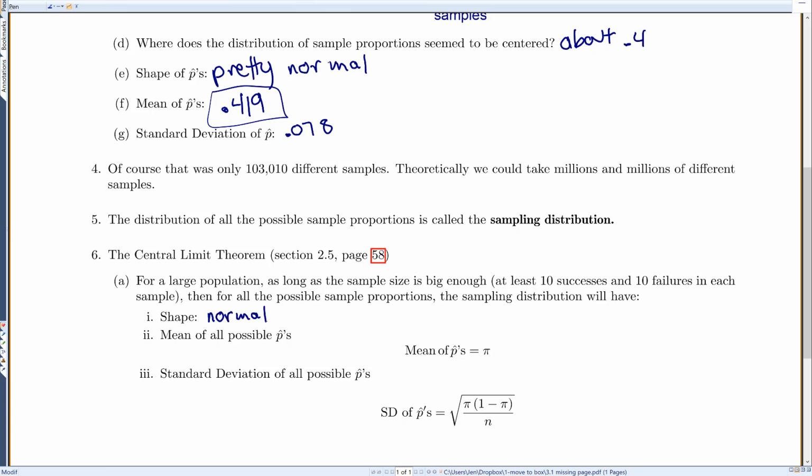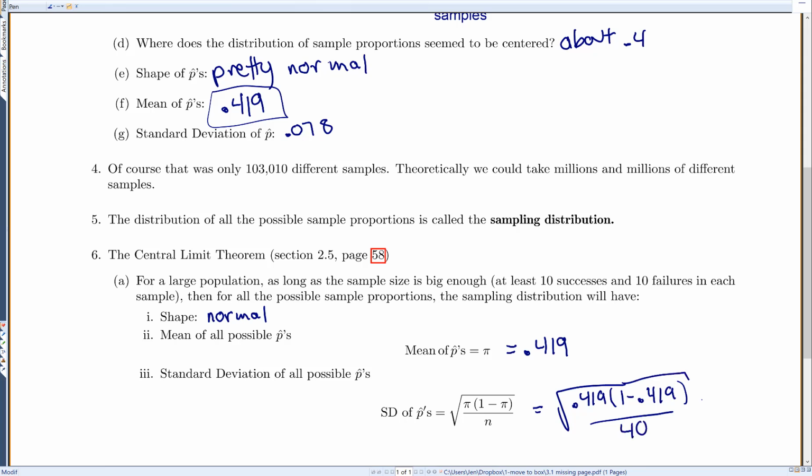The mean of all the possible p-hats will just be equal to pi, our population proportion, so in our case 0.419. And the standard deviation of all the p-hats is going to be the square root of pi times 1 minus pi over n. So square root of 0.419 times 1 minus 0.419 divided by our sample size, which in this case was 40.